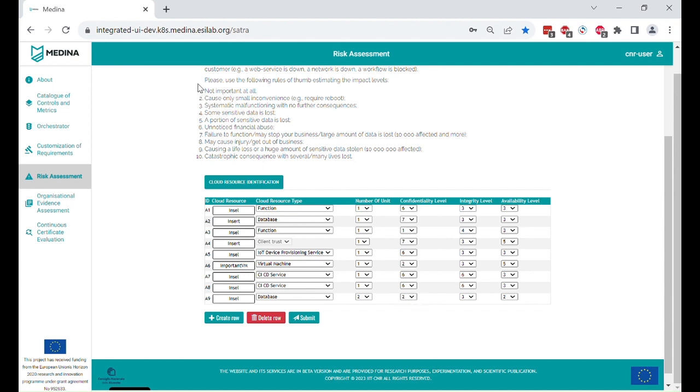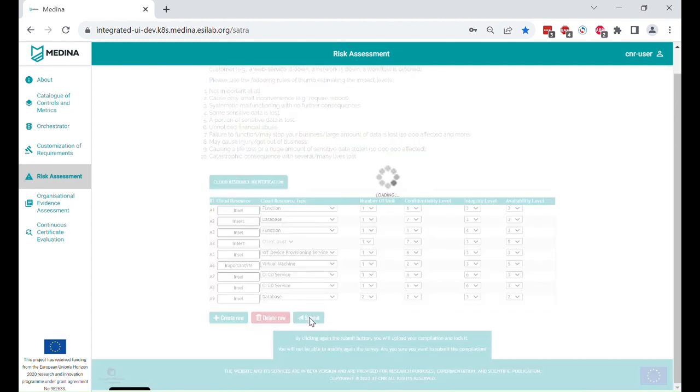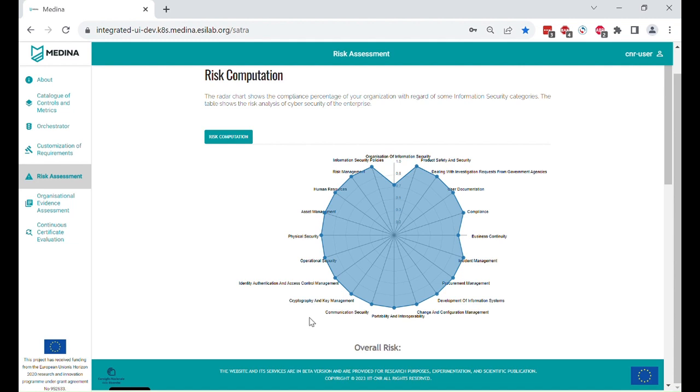We would like to underline that there are some rules of thumb that should help to identify which of the levels is appropriate, and it must be set up. Then we have to press twice just to be sure that we are done. All information is provided, and the tool will do the analysis itself.